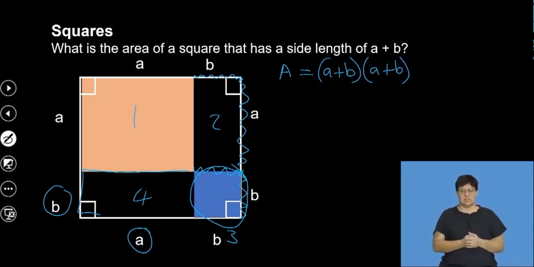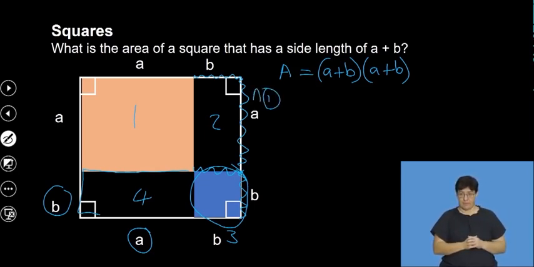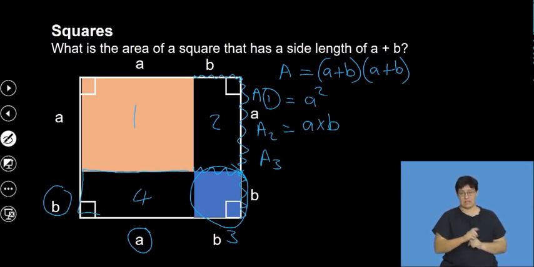Remember that shape 1 is a square, shape 2 is a rectangle, shape 3 is a square, and shape 4 will be a rectangle. So for shape 1, area 1 will be equal to a squared. You remember that from the previous example we did. And area 2 will be equal to a multiplied by b. And area 3, which is another square, will be equal to b squared.